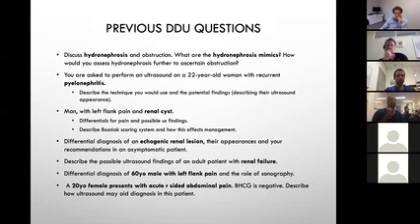This slide is a bit crowded, but it gives you the previous questions that have been asked in a DDU setup. Predominantly it's about hydronephrosis and what the hydronephrosis mimics are, obstructive uropathy in a broad sense, pyelonephritis, renal cysts, renal mass, renal failure, or in a more general clinical-oriented sense, flank pain, right-sided or left-sided abdominal pain in a pregnant or non-pregnant woman.